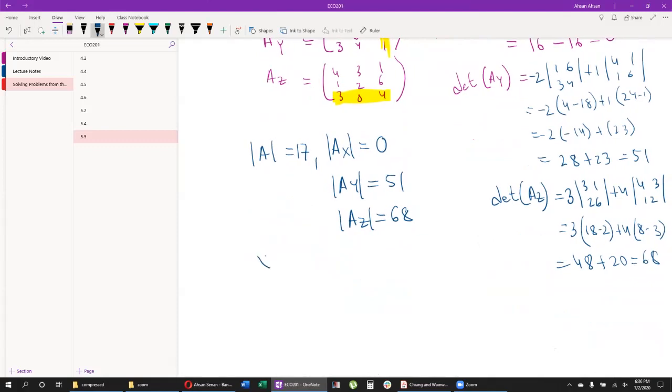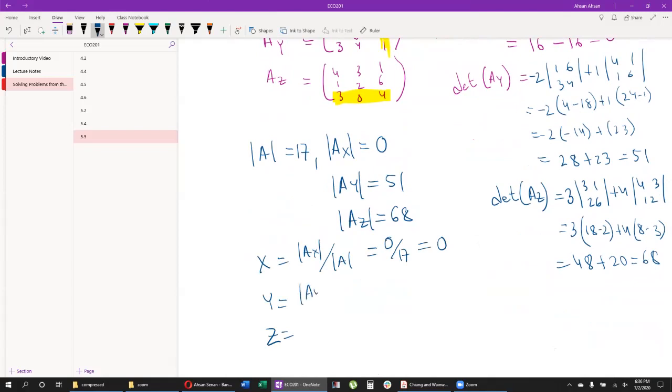So now we try to find the value of X, Y, and Z. Okay. So X is given by, remember, this divided by this. That is 0 by 17 equal to 0.